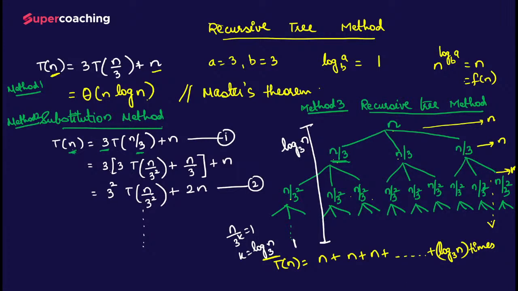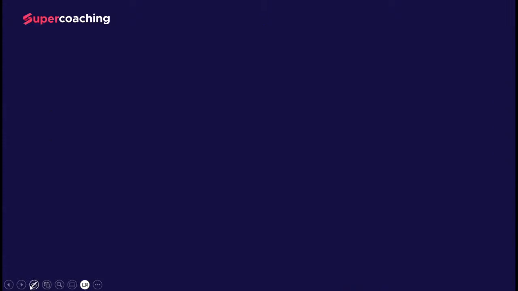If I'll be adding n for 10 times it will be 10n. और यहाँ पे हम कितने times add कर रहे हैं, log n times, so it comes out to be n log n. So this is what we were getting with Master's theorem. This is what we'll be getting with substitution method, and same answer we are getting with recursive tree method. But कुछ recurrence relations है जहां पे तीनों method work करेंगे.